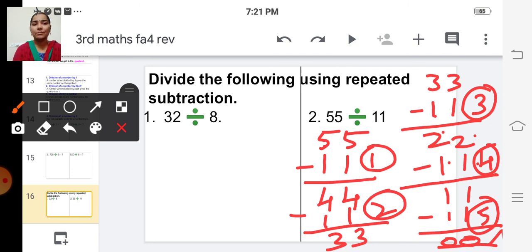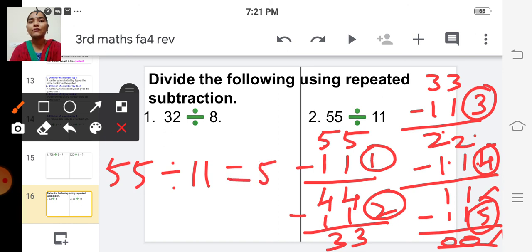So this 5 is the answer. So 55 divided by 11 is equal to 5. How many times we have subtracted, that number of times is the answer.